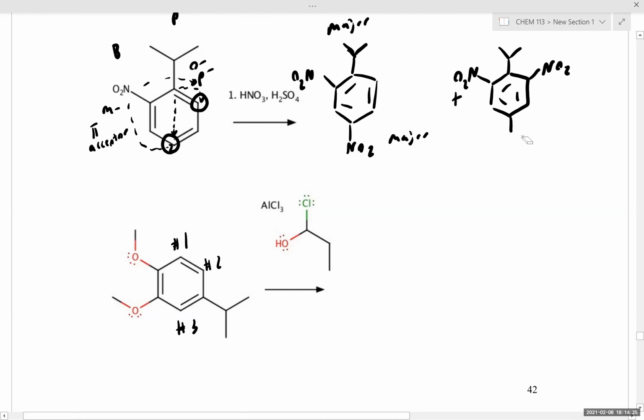What do you mean by is the ring very stable? I'm trying to understand the question. So electron donating and withdrawing groups don't necessarily heavily stabilize or destabilize the aromatic ring.